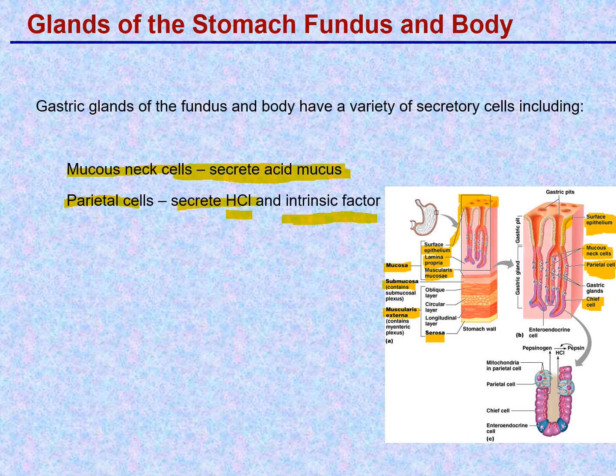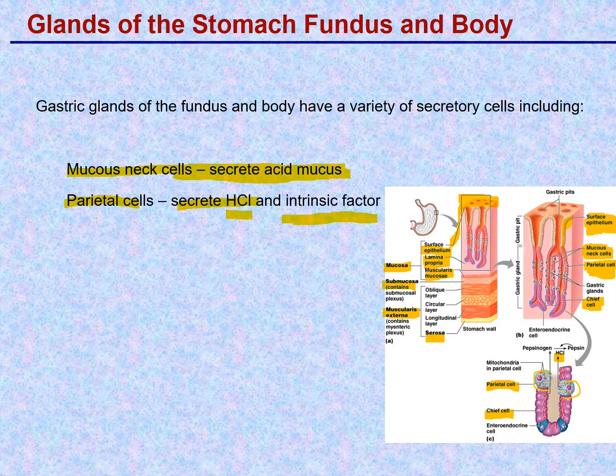So the parietal cells are producing, and it's shown here in this diagram, that the parietal cells, which is this cell in blue, I'll outline it here, this blue colored cell, produces hydrochloric acid. Here's another one on the other side of the gland, and it's producing hydrochloric acid. Hydrochloric acid acts on a protein produced by the chief cell.